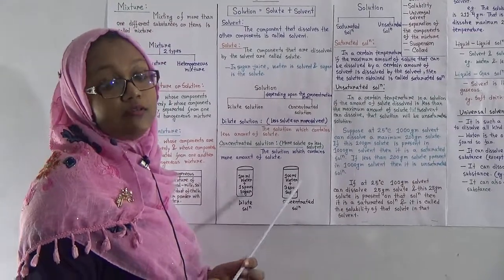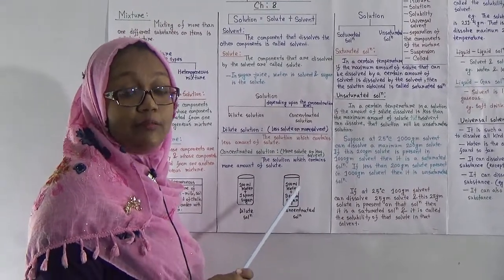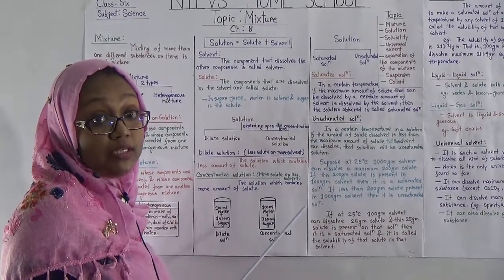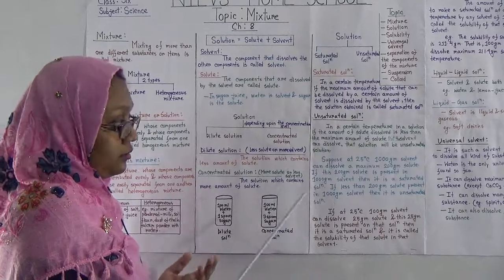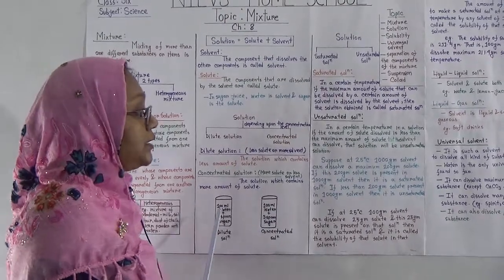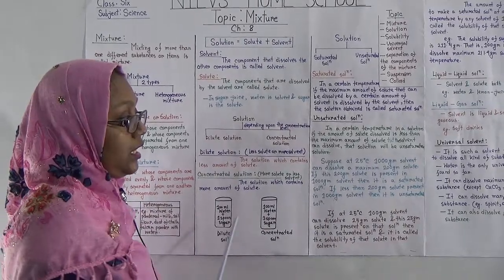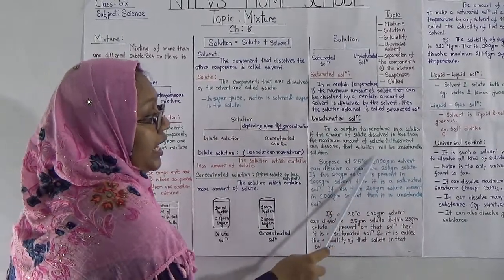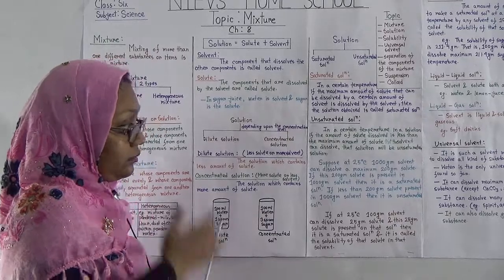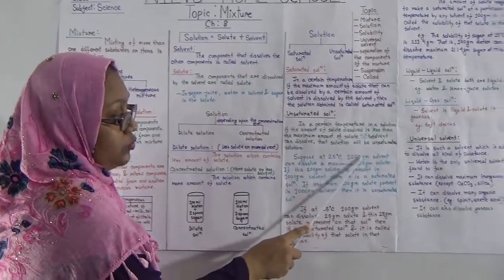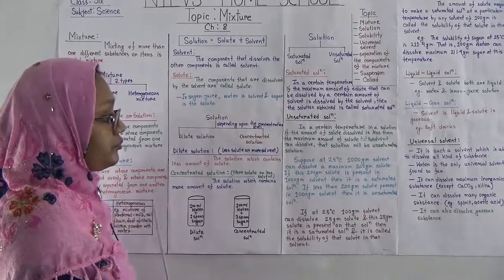So at first we have to fix the temperature, and normally we use 25 degrees Celsius for doing experiments. Normally we use liquid solvent, but here I have used the unit of weight.